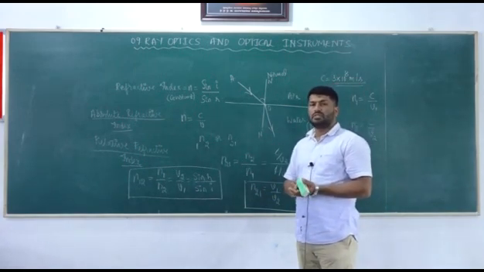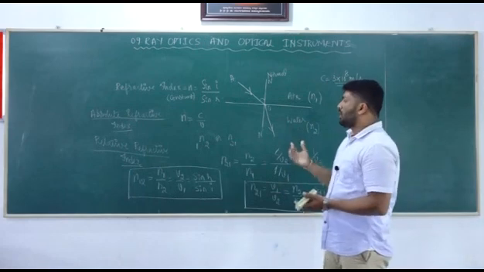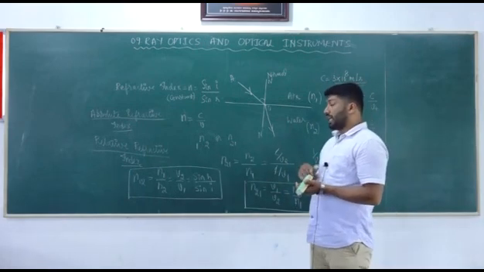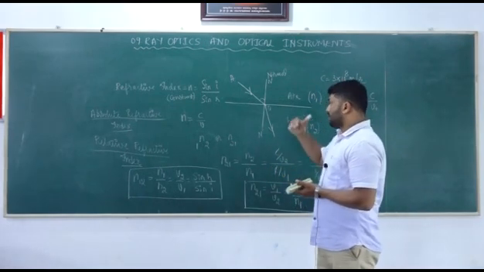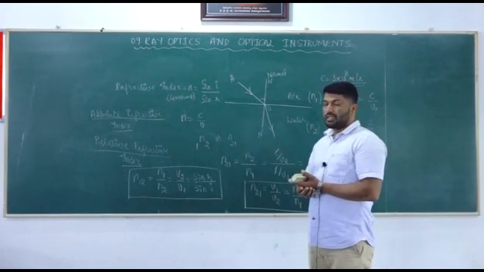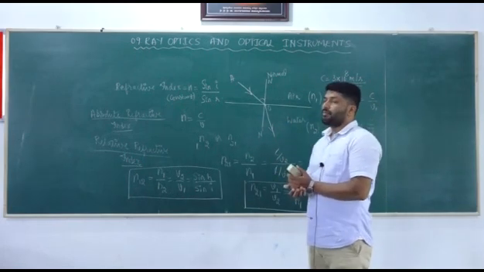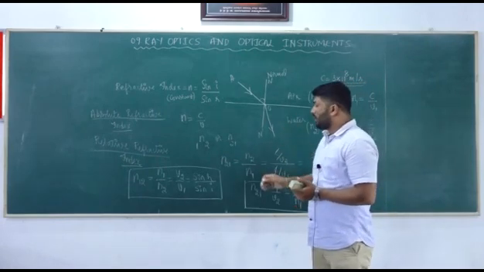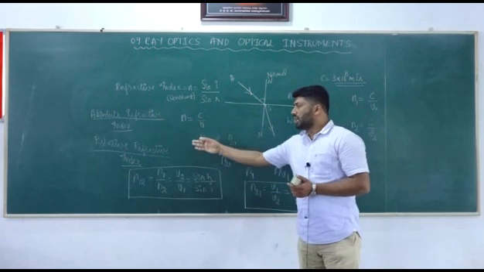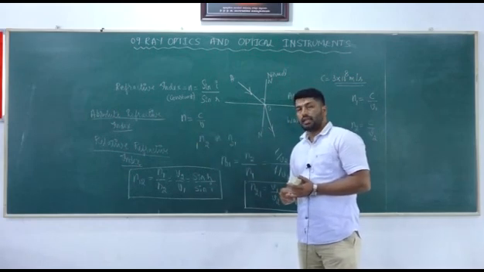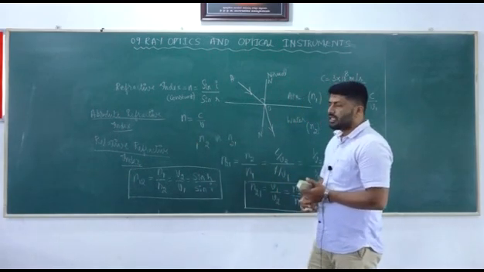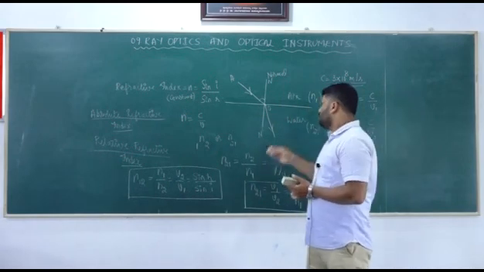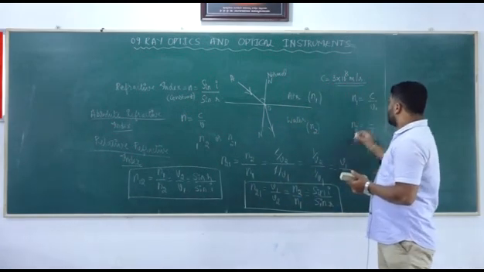It gives an idea about how the bending of light takes place. Here water is the denser medium and air is the rarer medium, and we know how much bending takes place by using the relative refractive index. We also measure the speed of light in the two different mediums.